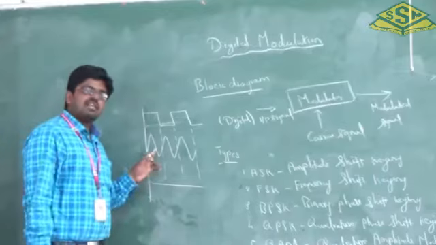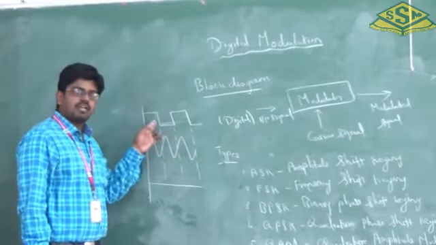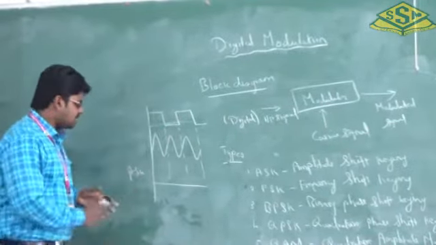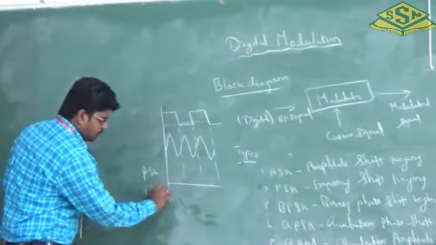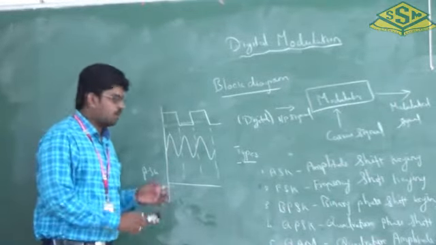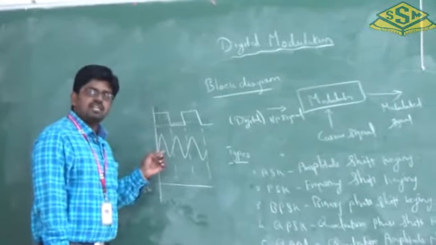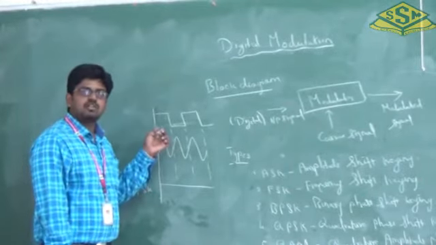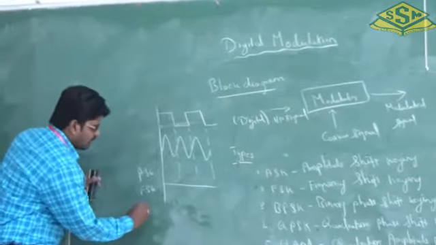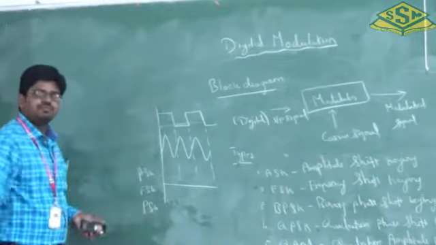If the frequency of the carrier signal is varied according to the modulating signal, that is called FSK. I am saying only the definition. If the phase of the carrier signal is varied according to the modulating signal, that is called PSK, phase shift keying.